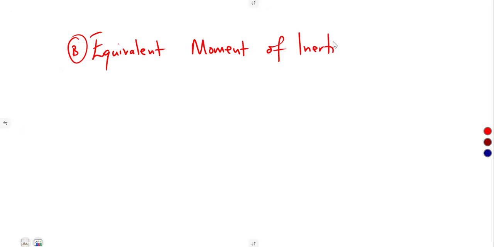Then B, I'm going to calculate those equivalent moment of inertia. You will understand me very soon. This time with efficiency.